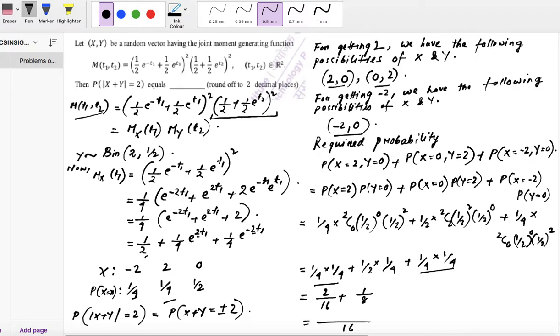It's 16 in the denominator, and 2 plus 2 plus 4 is 8 by 16, so 1 by 2... correction: 4 by 16, so 1 by 4, which is equal to 0.25. So this is the required probability. All fine. Let's move on to the next question.